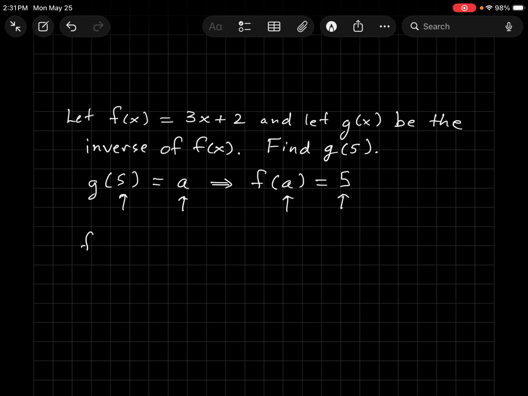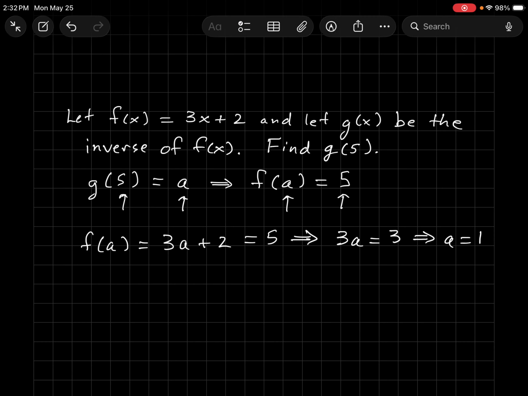We'll get back to that in just a little bit after we solve this one. But we can say f of a, which is going to be 3a plus 2, equals 5. And then we can solve for the value of a. We see that 3a equals 3, and that a equals 1.